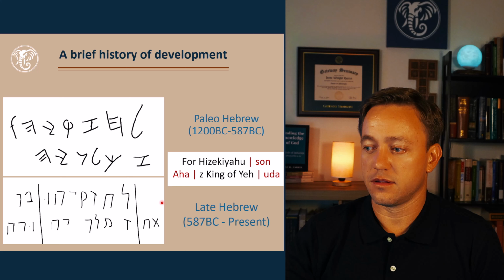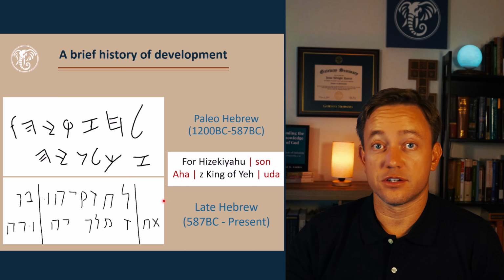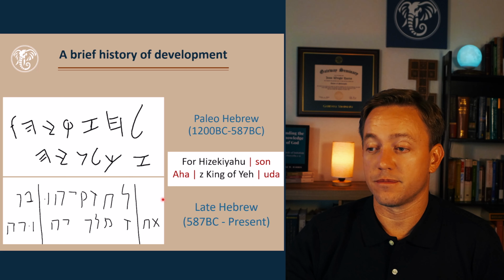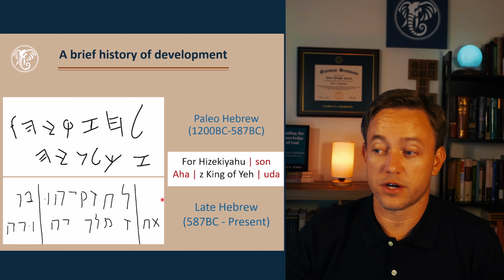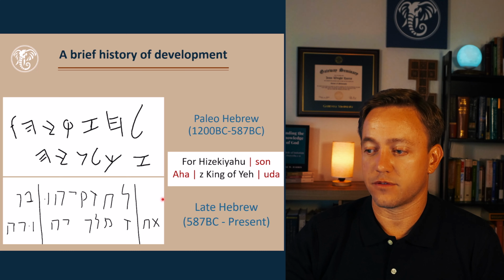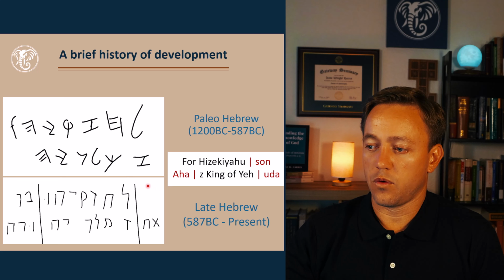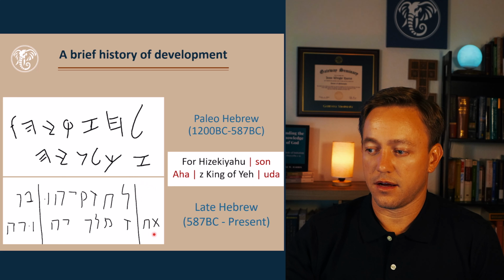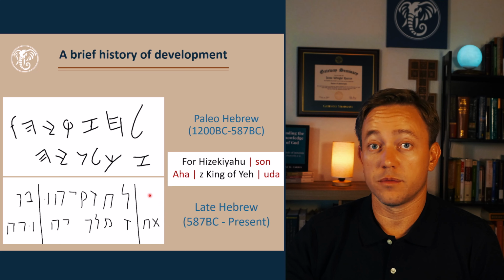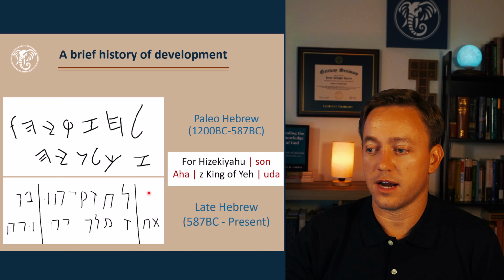And on the lower part is the transliteration into the Babylonian square script that we are more familiar with nowadays, which is how Hebrew looks today. One thing I have to point out is that a couple parts of this were not actually on the Bulla, because it was a little damaged.